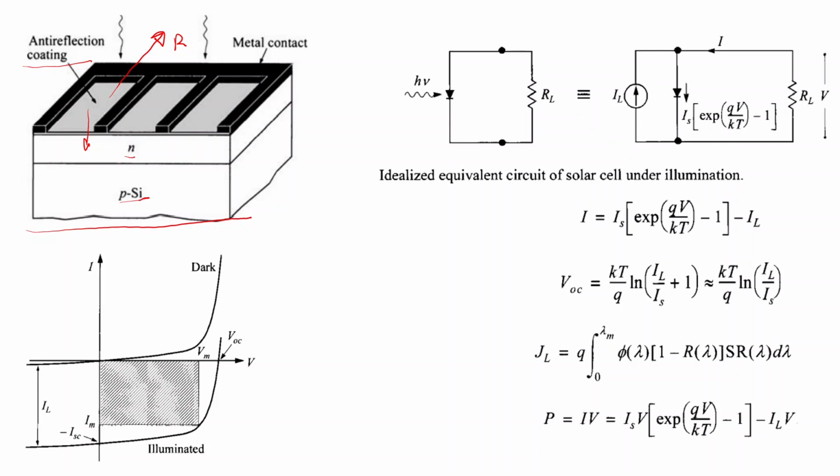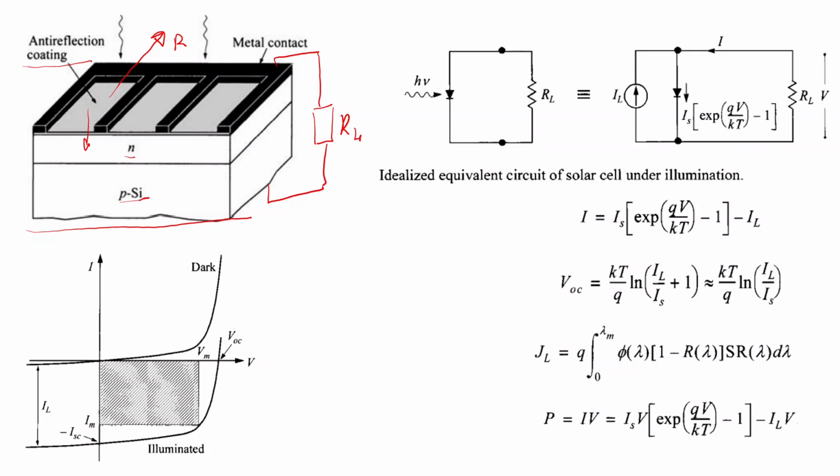Also, we need to collect these photogenerated charge carriers, this photocurrent. We need to collect it in an external electric circuit, because eventually we want to hook up some load resistor here. So our load.